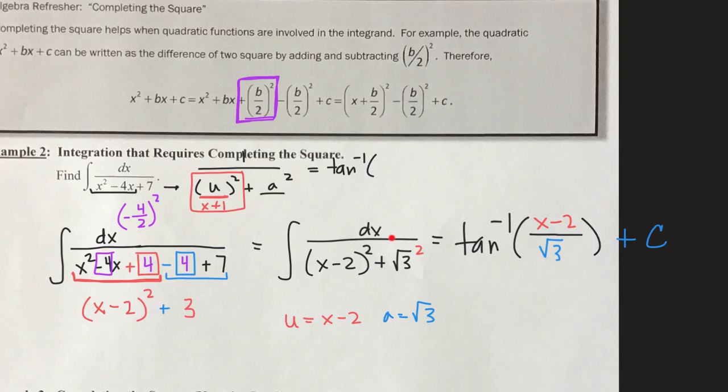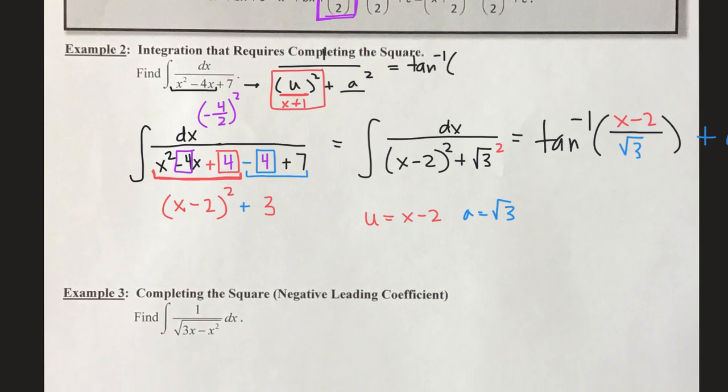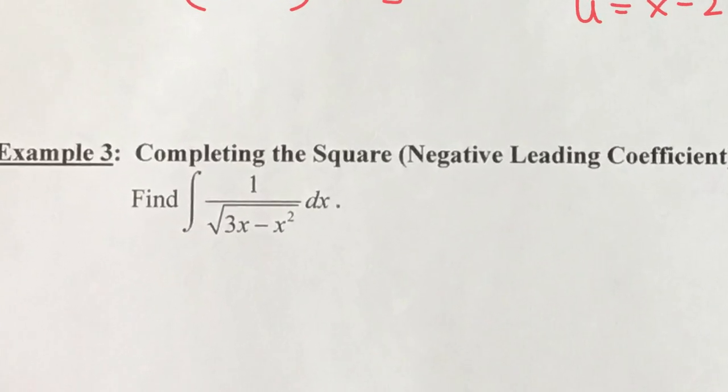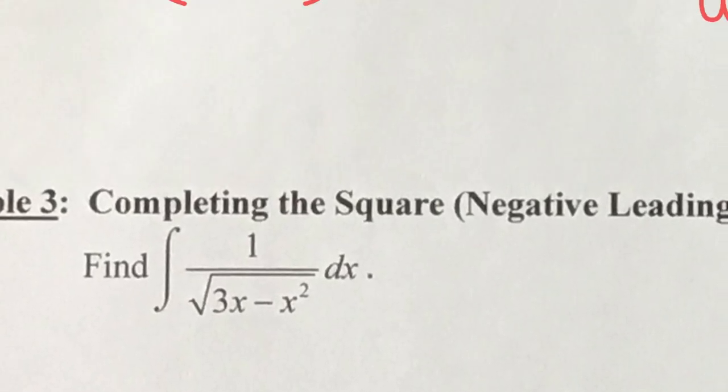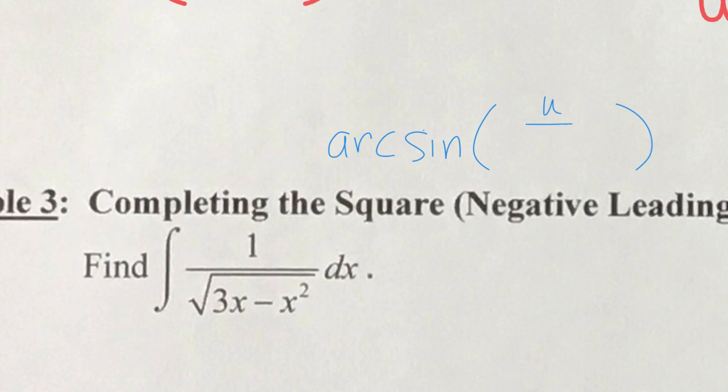Okay, let's look at this one. Here we have a nice square root, right? 1 over the square root. So I'm thinking this is going to be some type of an arcsine antiderivative. Only the arcsine has this format where it's 1 over the square root of a squared minus u squared.